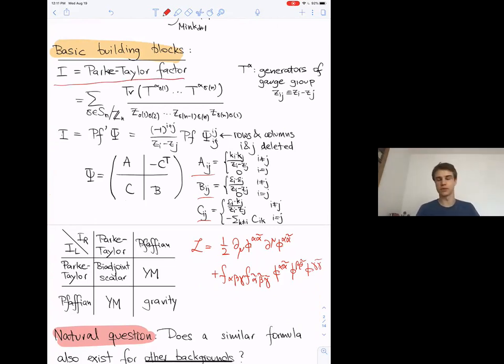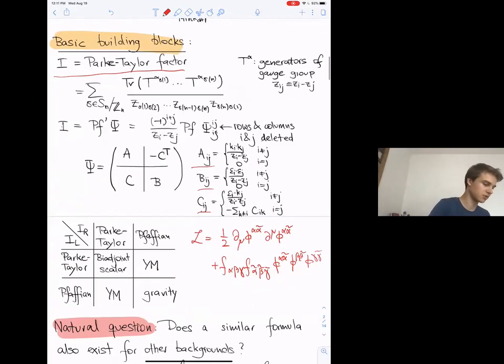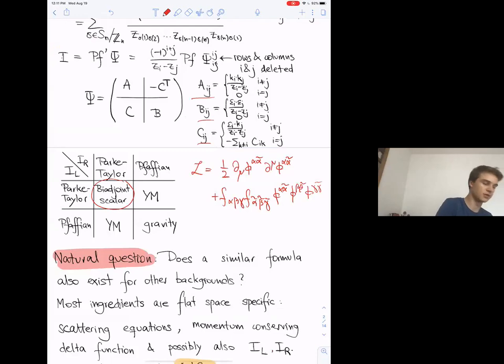So I will take both IL and IR to be Park-Taylor factor, and sorry about that. And so the theory I'm looking at is the biadjoint scalar. And actually, as a disclaimer, we do not understand at present how to generalize the story I will tell you to those other more interesting theories, the Yang-Mills theory and gravity.